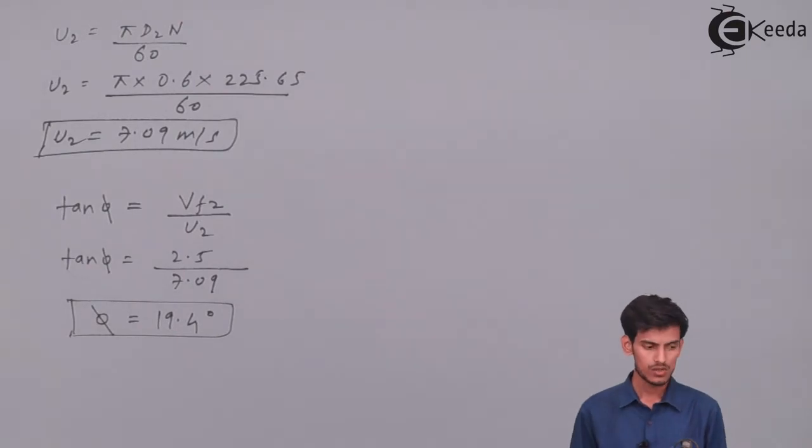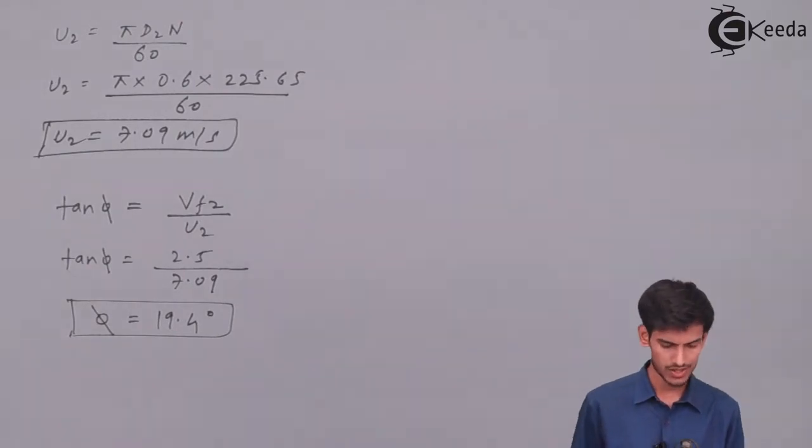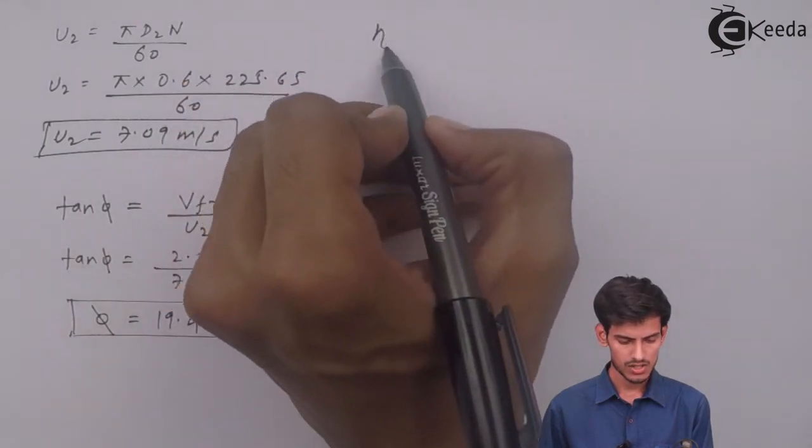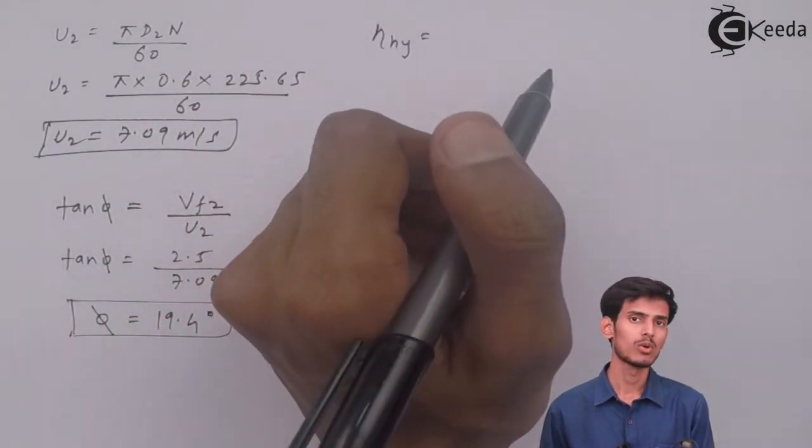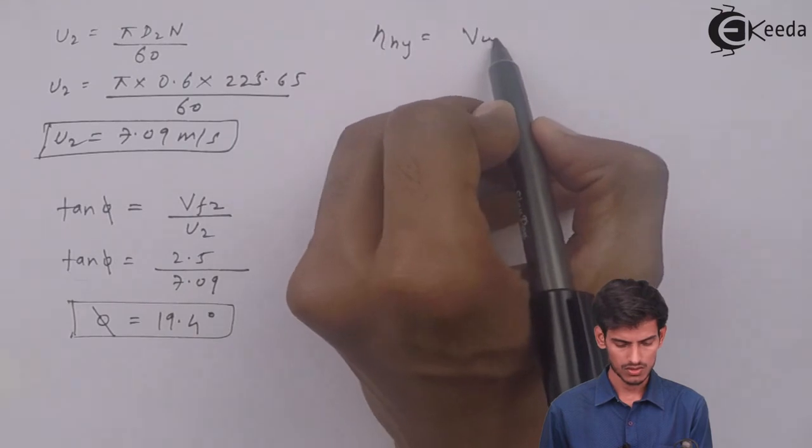Next, the question was asking about the hydraulic efficiency. So the hydraulic efficiency is nothing but VW1 U1 upon GH.